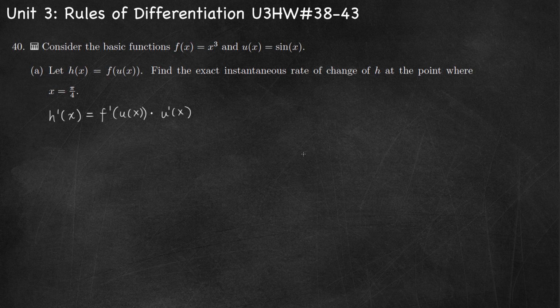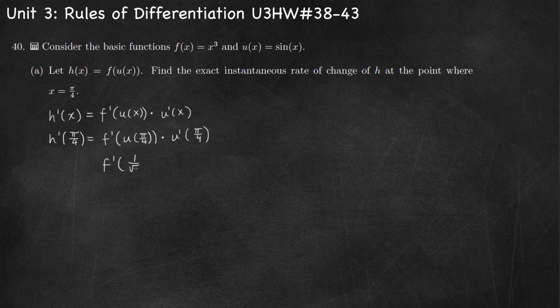And we want to find the instantaneous rate of change right where x equals pi over 4. So now we find h prime of pi over 4. So that will be f prime of u of pi over 4 times u prime of pi over 4. U of pi over 4 is the sine of pi over 4, and that's 1 over root 2.